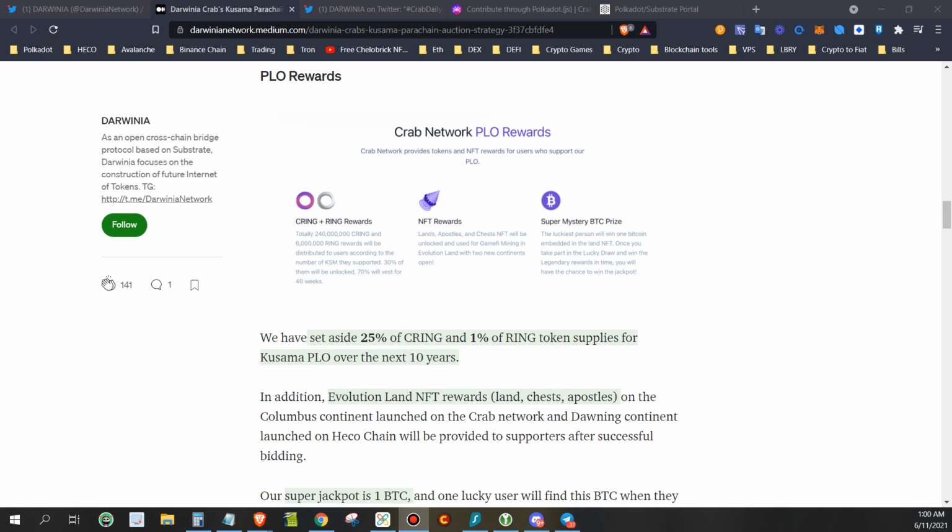Anyways, the whole aspect of what I'm trying to say is Evolution.land has been built for multiple years, and putting towards the development of Evolution.land is a huge success for Darwinia, a huge success for Crab Network.